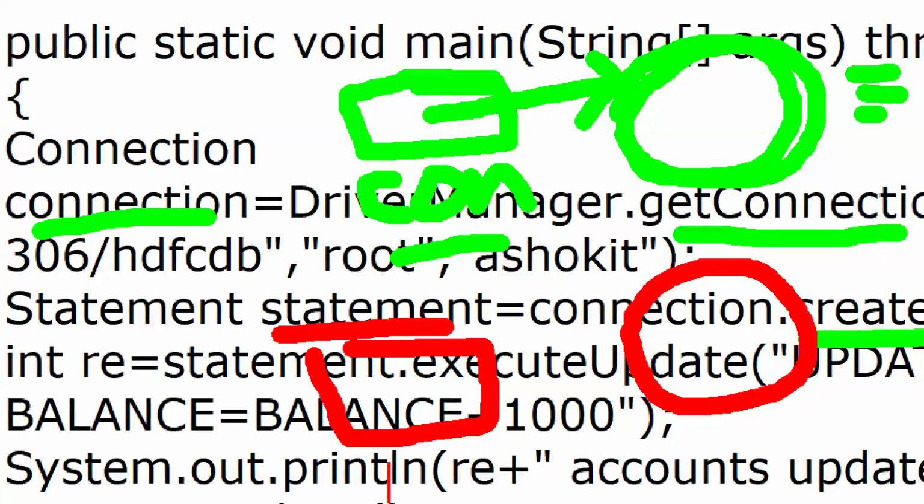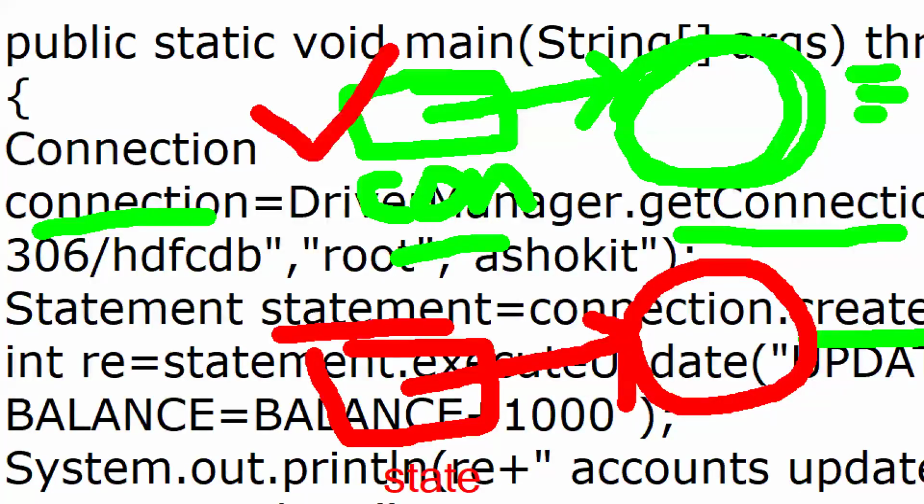So this statement reference is referencing this object. Which object is created here? The connection object. Next line, which object is created? The statement object. Who created the statement object? The create statement method of the connection object.